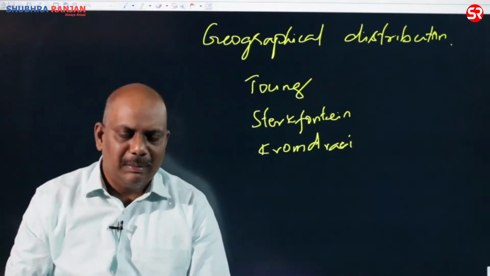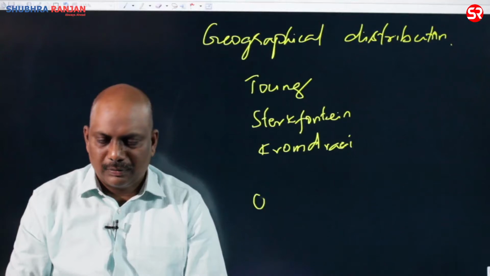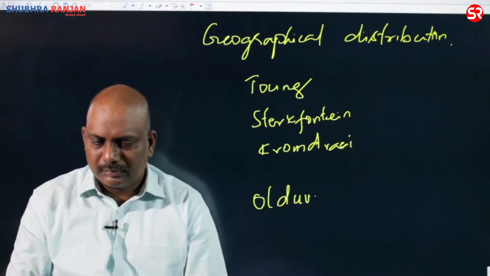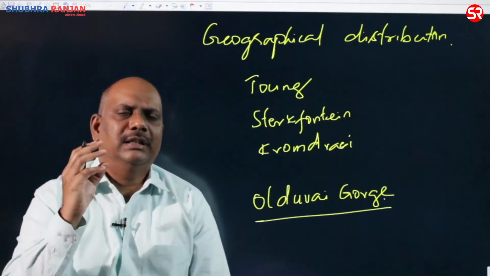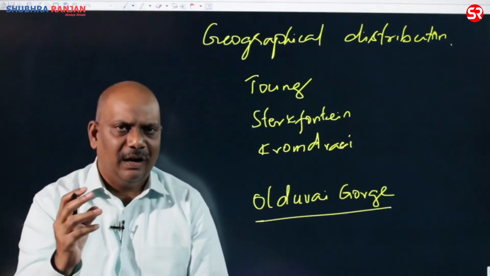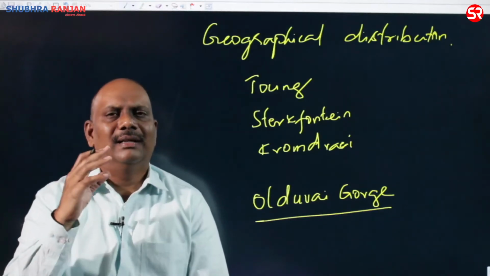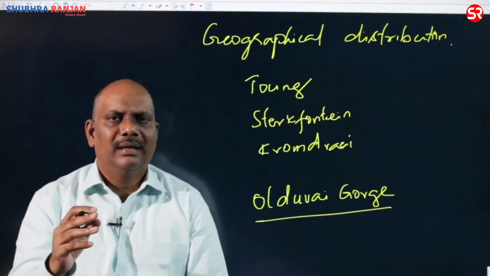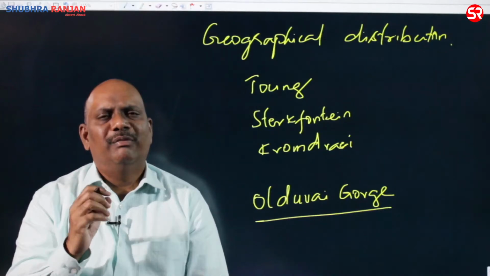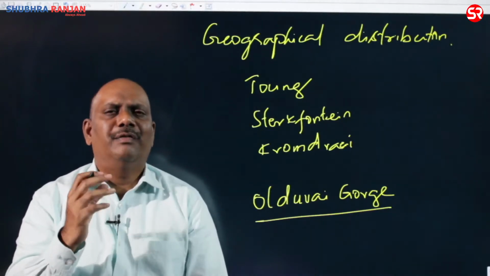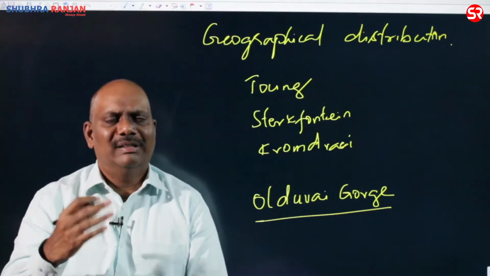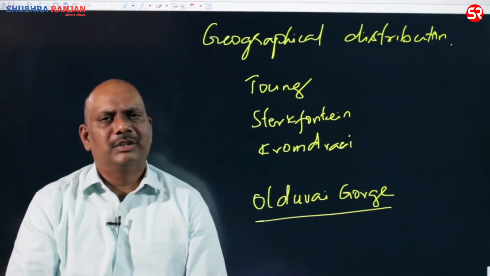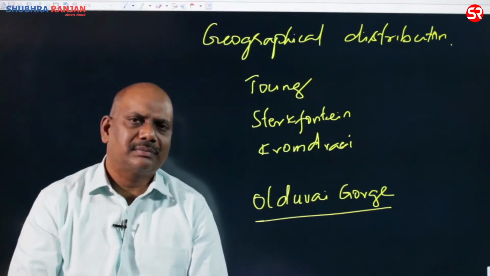Most importantly, the Olduvai Gorge. This Olduvai Gorge is a very important site in Tanzania. It lies near the Tanzania-Kenya border. This is one site from where hundreds of fossils were discovered. Fossils of Australopithecus, Homo erectus, and even subsequent hominids.